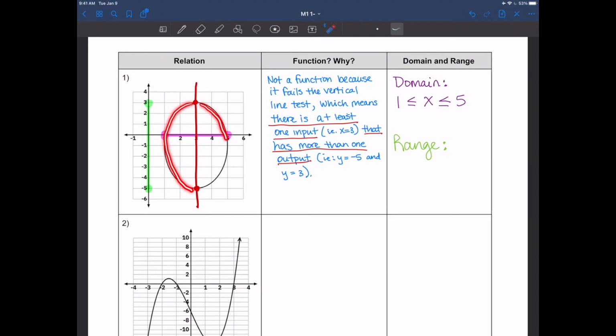The way that I write that in inequality notation, we start from the bottom and go to the top. So the lowest y value is -5, less than or equal to y, because we're talking about y values, less than or equal to 3. And that's how we find the domain and range of this graph.